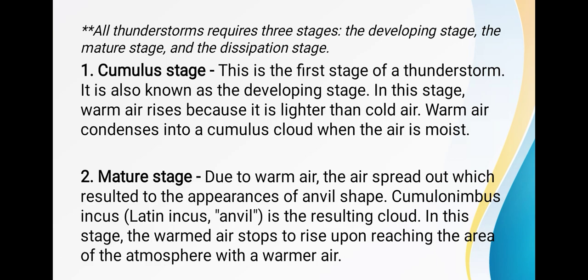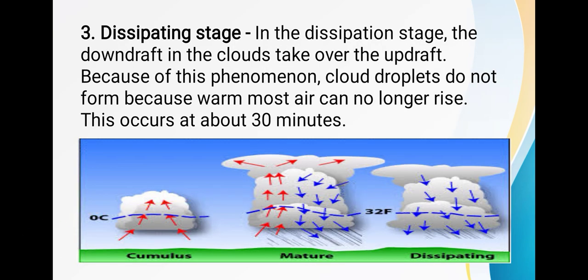In this stage, the warmed air stops rising upon reaching the area of the atmosphere with warmer air. So meaning to say, in this particular area, all of the moisture or all the water molecules will be collected in the sky.